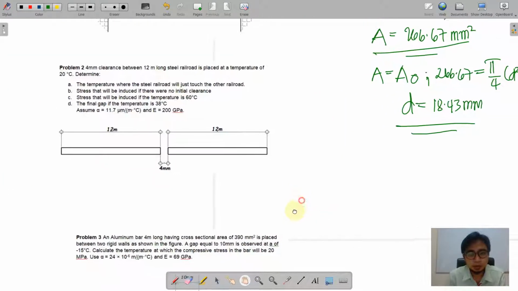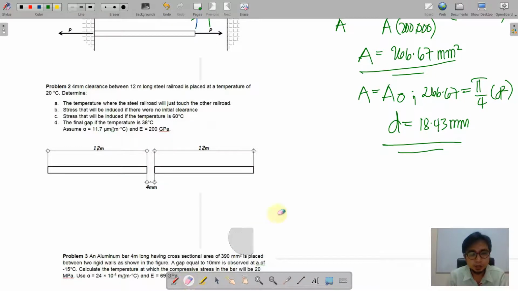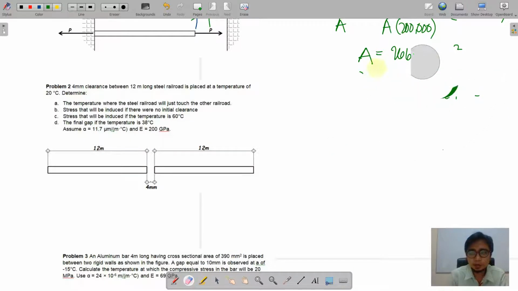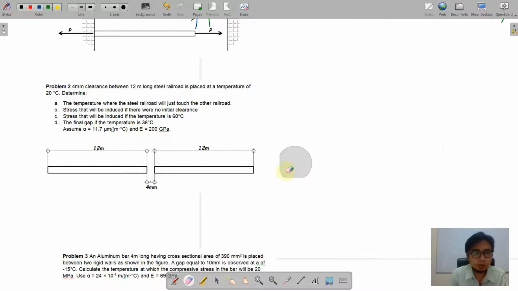Okay, so moving on to the second problem. For the second problem, we have here a steel railroad. So this is one example of a structural member which leaves a space or clearance, and it is a room for expansion whenever there is a heating temperature or warming temperature.